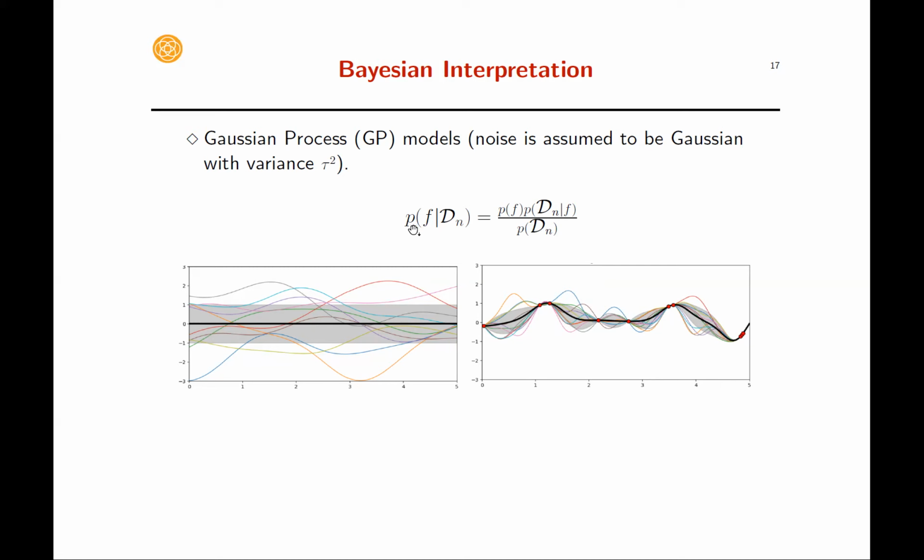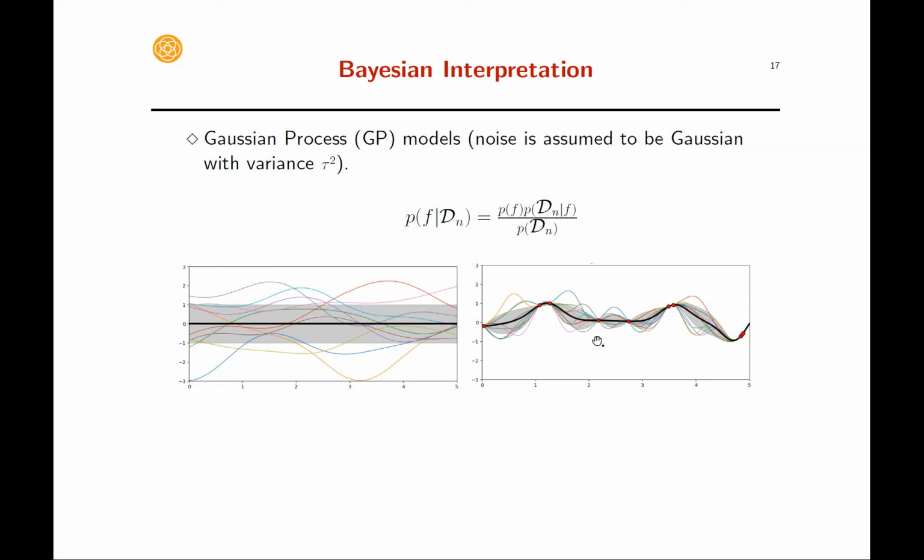So we can use Bayes rule to create a distribution for the space of functions conditioned on the data, where the prediction is the mean of the distribution, and the uncertainty region is plus or minus the standard deviation of this Gaussian distribution. So basically, this is a maximum likelihood estimate of the true function, with a Bayesian interpretation.